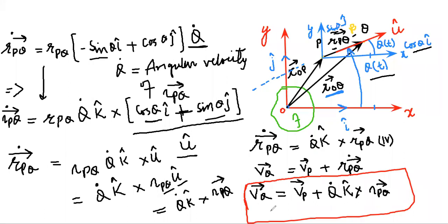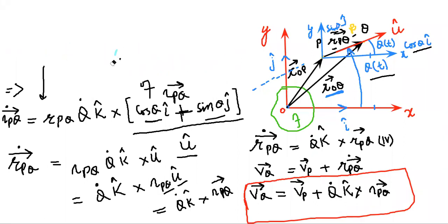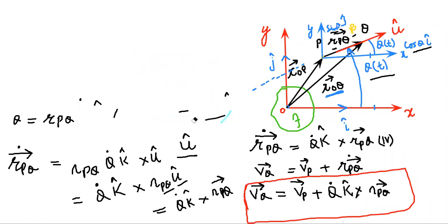Now look, in your lower classes, you had the rigid body in the form of a car. You had questions like the translation of a car.